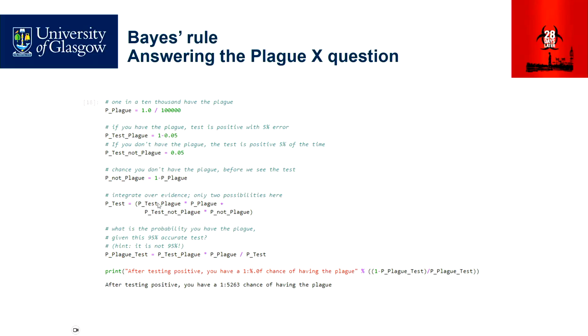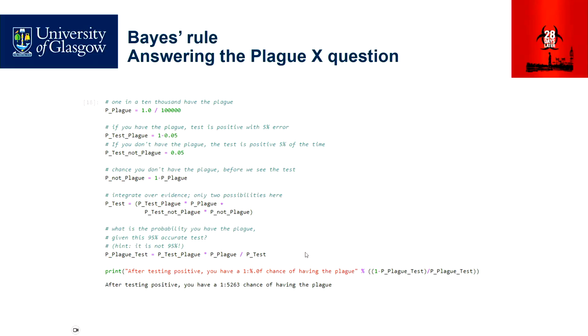We multiply the probability of the test given that we have the plague by the probability of having the plague, and the probability of the test if we don't have the plague by the probability of not having the plague. That gives us this. And then we can plug all of those numbers into Bayes' rule, and that gives us the probability of the plague given that we have a positive test.